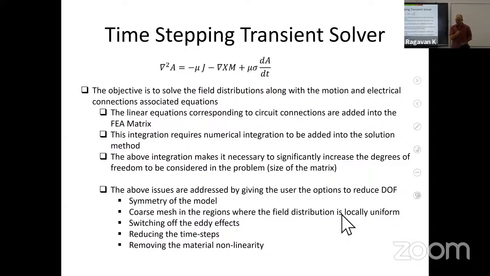Like keep on making it half. And when there is no change in the solution by more than 5%, there you can stop. So every time you face this question, you have to set up a benchmark simulation.